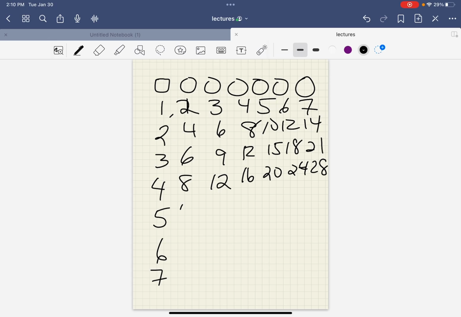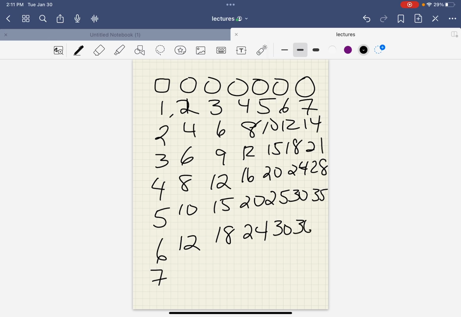By 5s: 5, 10, 15, 20, 25, 30, 35. By 6s: 6, 12, 18, 24, 30, 36, 42. And then by 7s: 7, 14, 21, 28, 35, 42, and 49.